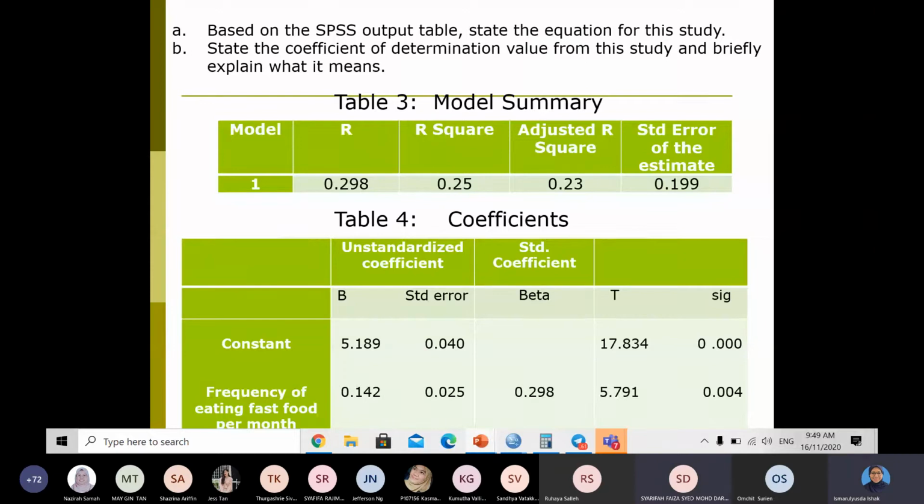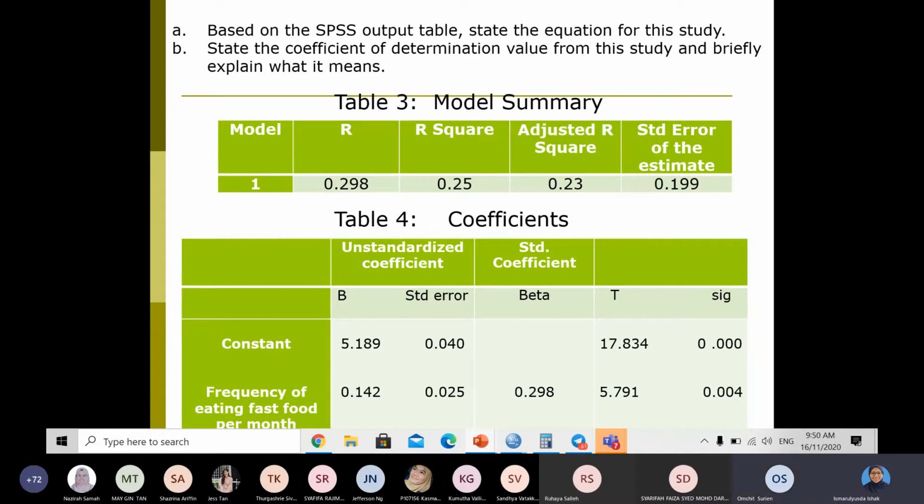Okay, so number B, state the coefficient of determination value from the study. Coefficient of determination.